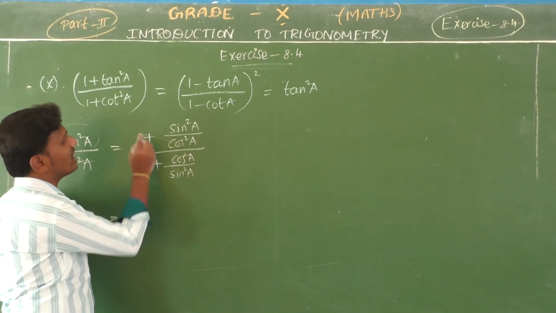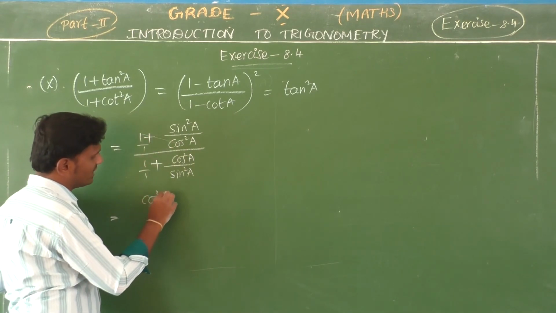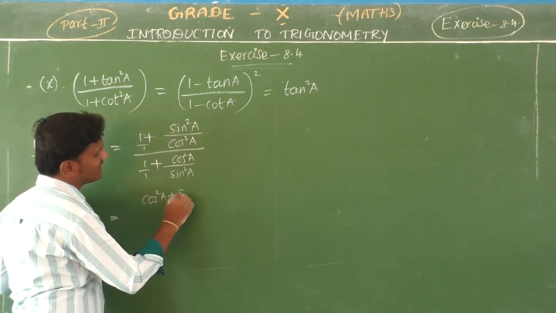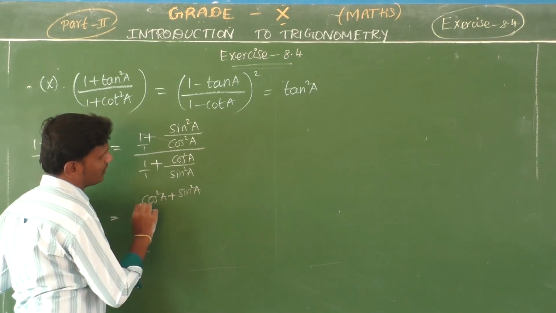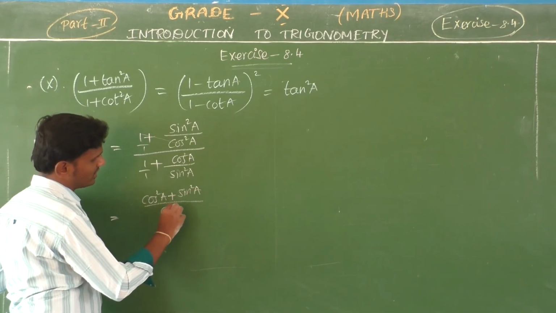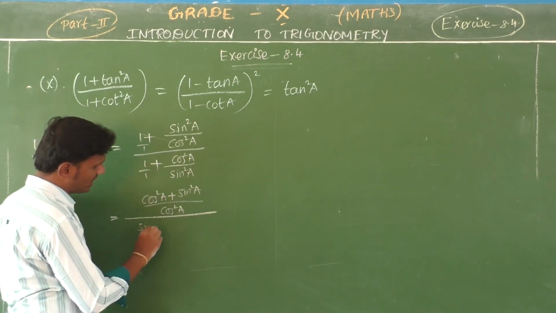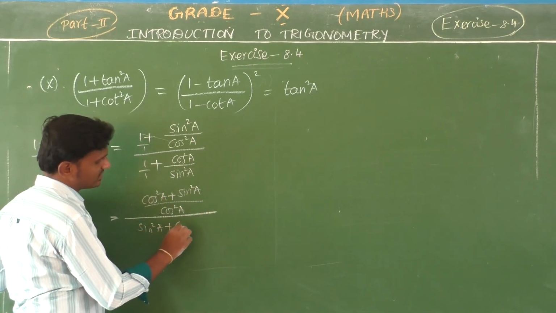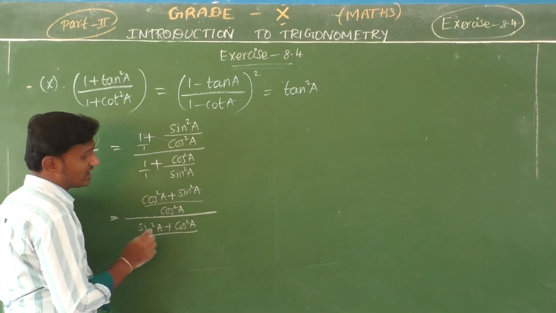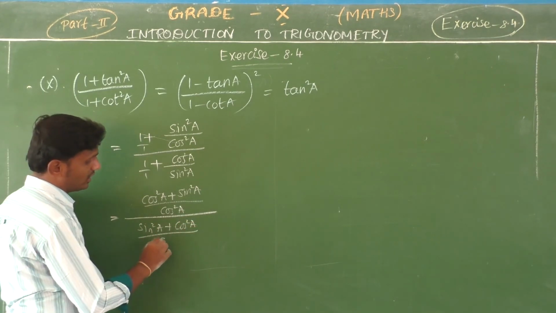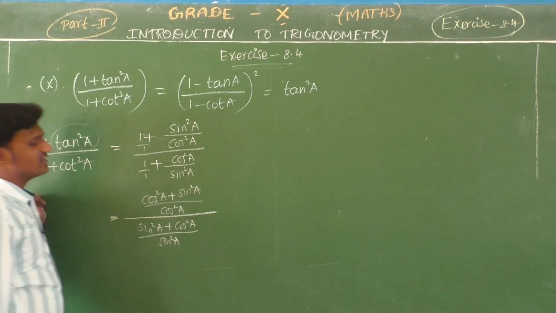So cos square into 1 is cos square A plus 1 into sin square is sin square A, the whole divided by cos square A, all divided by sin square into 1 is sin square A plus cos square A, the whole divided by sin square A.